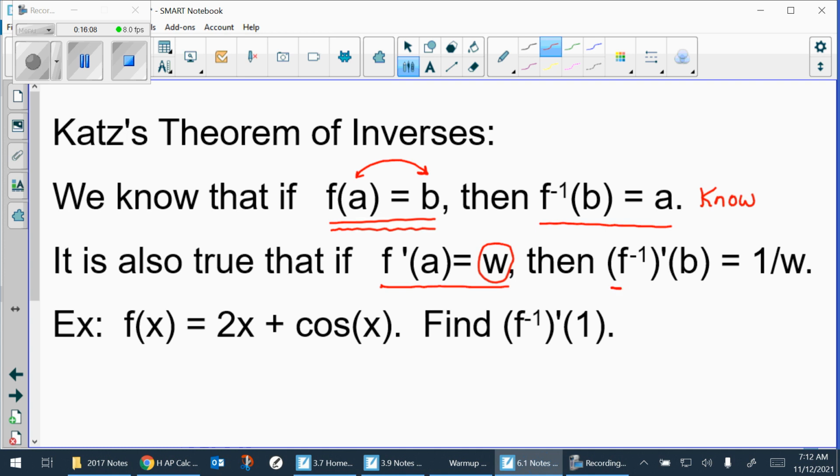Then the derivative of the inverse at B, the derivative of this guy right here, the derivative of the inverse at B is the reciprocal of that W.